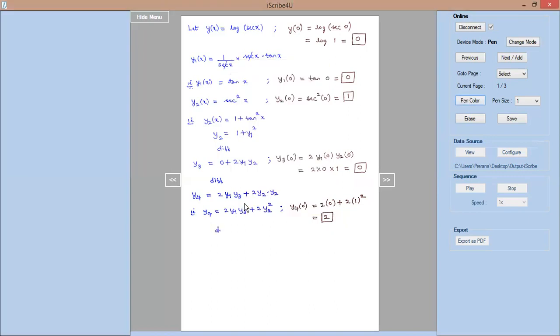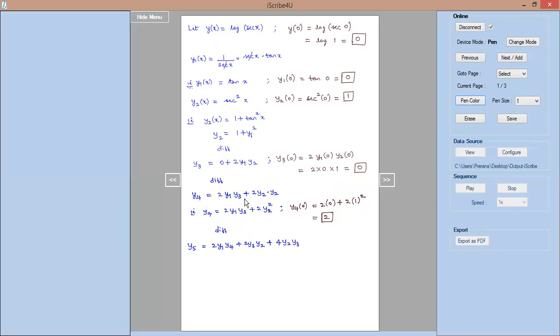Differentiate once again to find out y5. So y5 is equal to, product rule again, 2 into y1 into y3 we have. So first I will write 2y1 as it is, differentiation of y3 is y4, plus 2y3 as it is, differentiation of y1 is y2, plus differentiation of 2y2 square is 4y2 into y3.